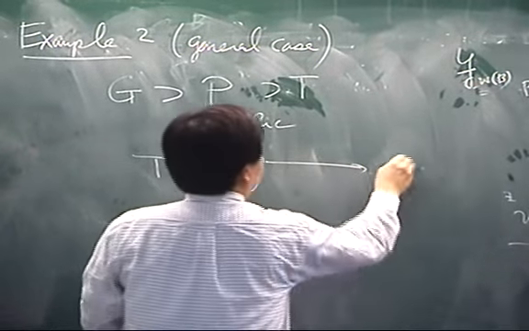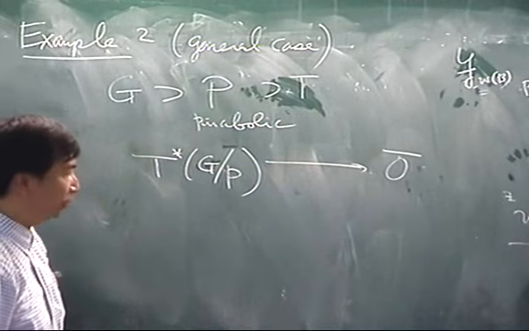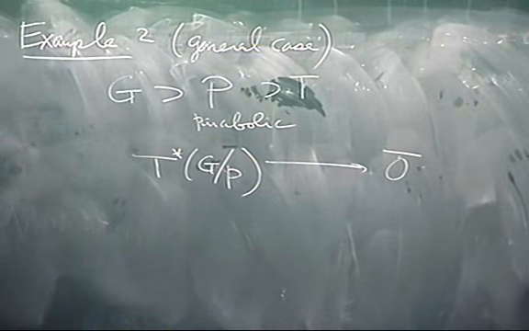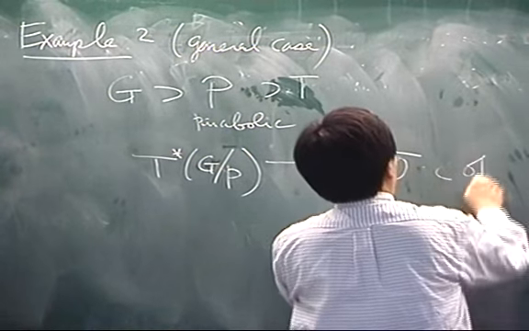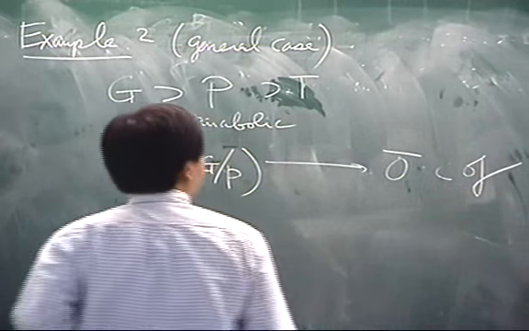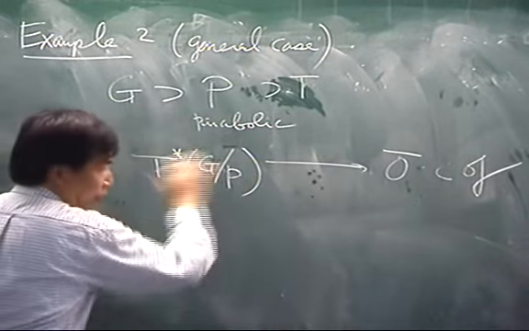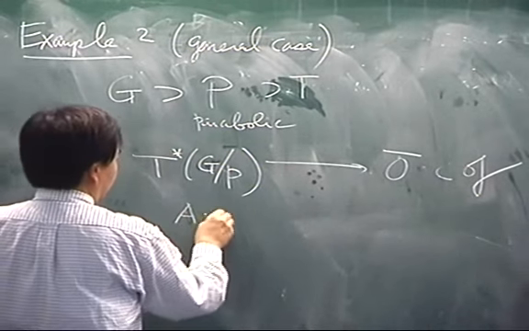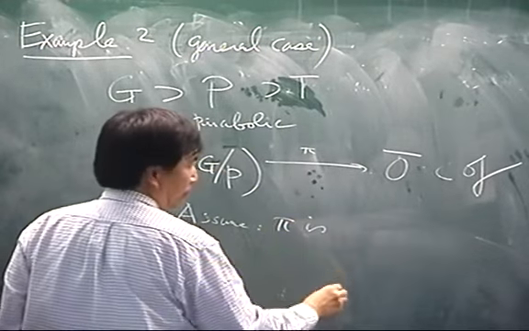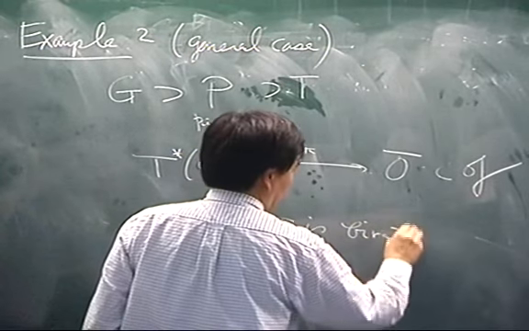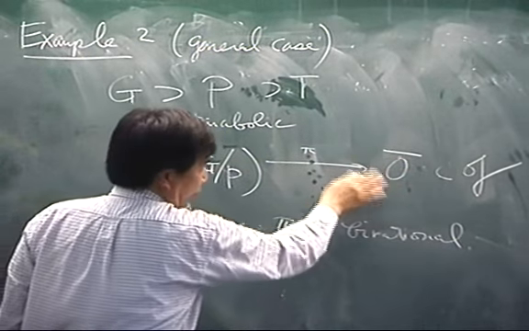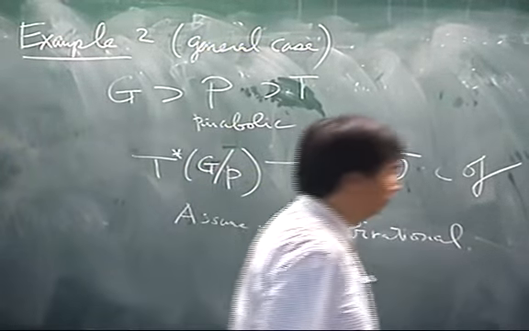And its image is just some nilpotent orbit closure of K. It's not necessarily birational, but assume this pi is birational. Then it means that pi gives a crepant resolution of the orbit closure.